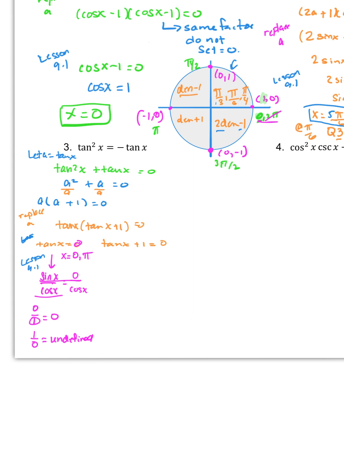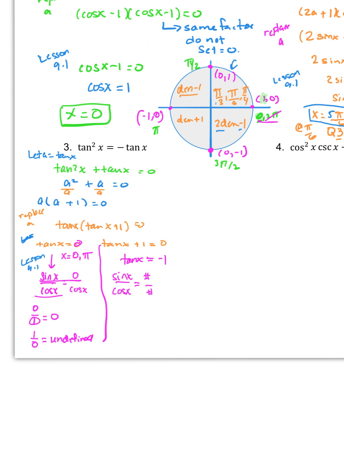Now let's look at the next one. All right, tan x, we have to set equal to negative 1. Now, if you remember what we talked about before, the only way you get 1 or negative 1 for tangent and cotangent, because it's a fraction, sine x over cosine x, is if these things are exactly the same.